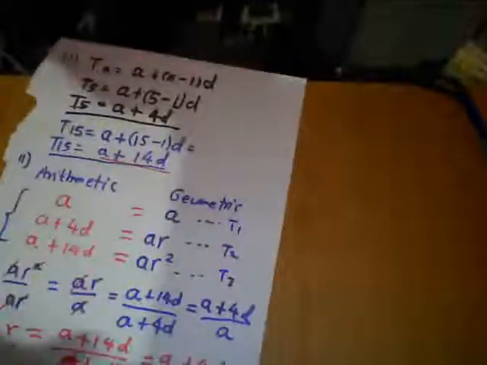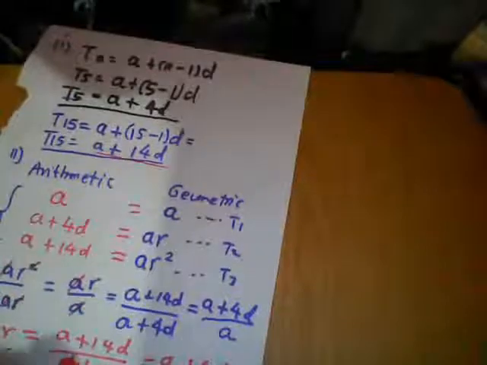Since I just want to prove 3a equals 8d, I'm only going to deal with these two, because this equals that one. I don't need to deal with this one for now.